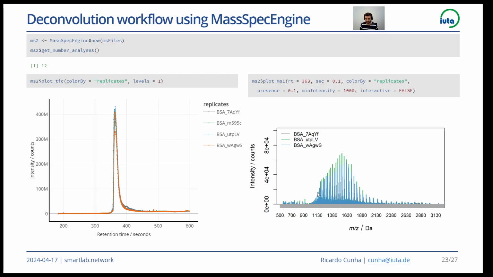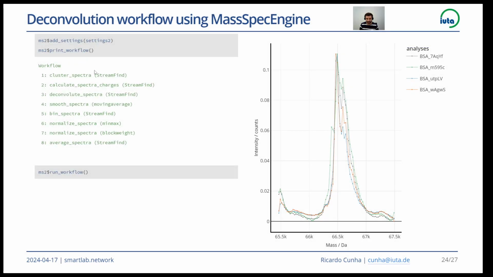And then here we plot the spectra of 3 of them, and these different peaks, of course, are the multi-charge spectra. The workflow itself, of course, is then deconvoluting the multi-charge, calculating the actual mass, so that we can more easily compare the different products of BSA.